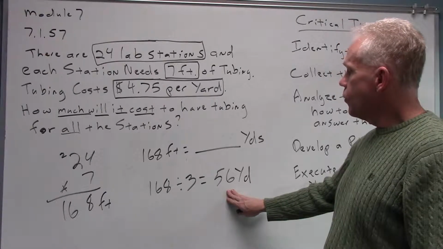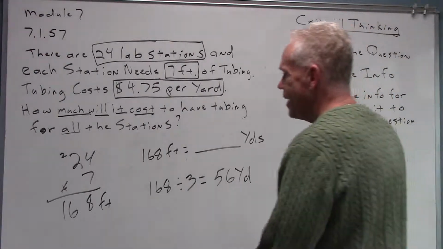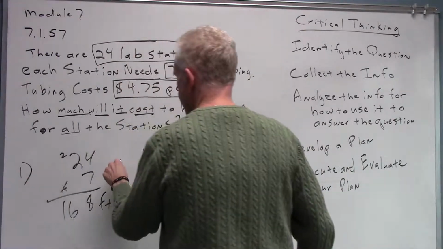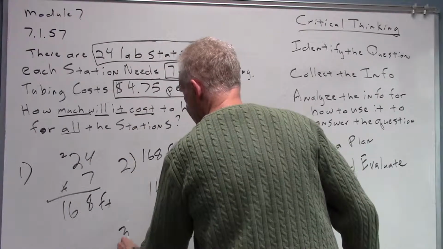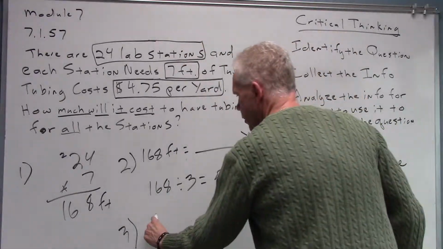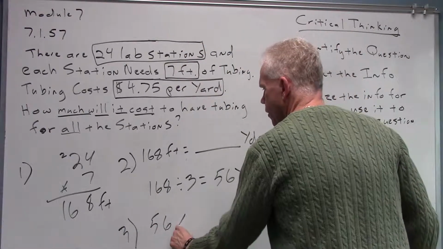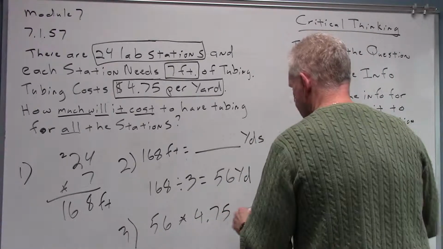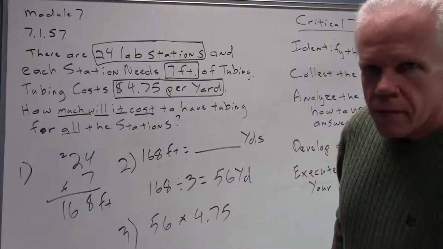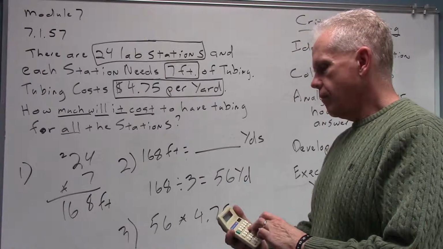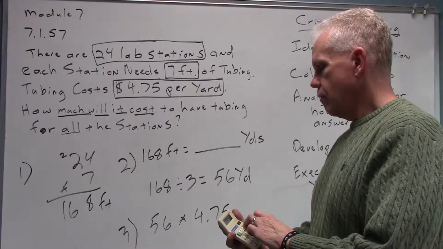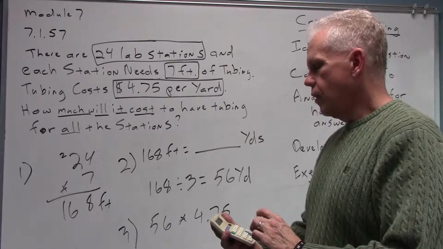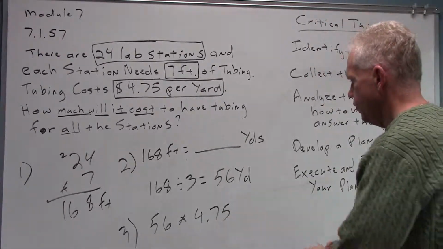Now, tubing costs $4.75 per yard, so this was going to be my step 1, this was going to be my step 2. My third step is going to be to simply multiply my 56 yards times the cost per yard. I'm definitely going to pull out my handy dandy calculator for that one. 56 times 4.75 equals 266.